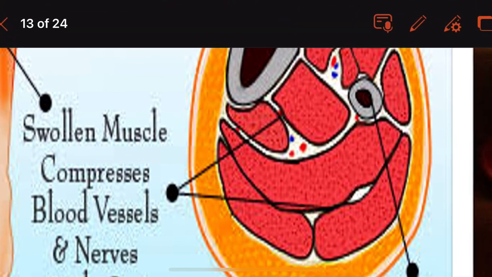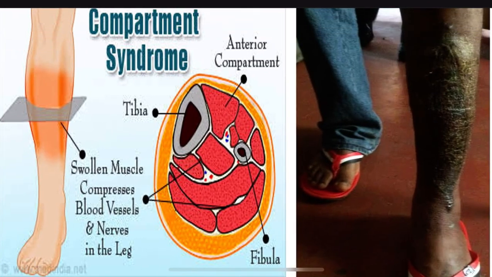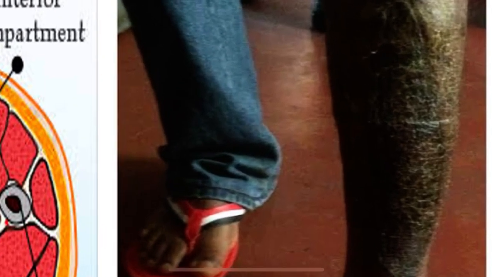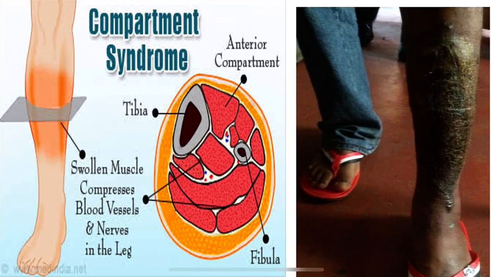Just for clarity, you can see these muscles compressing the blood vessels and nerves in the compartment. And you can see the necrosis, the gangrene, the death of the muscle in this picture.